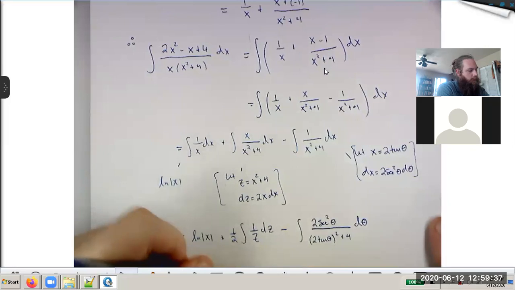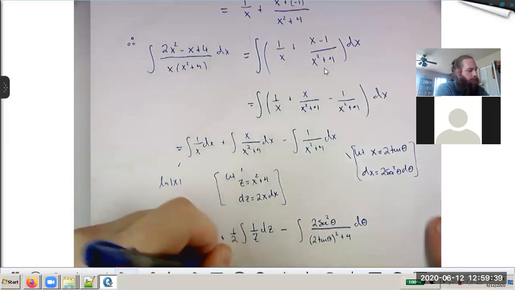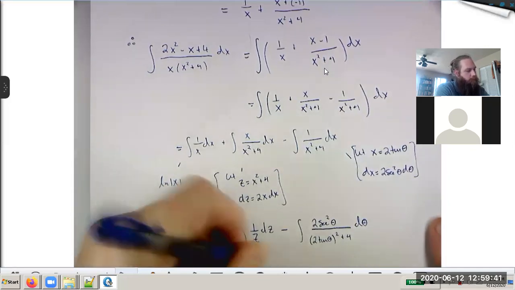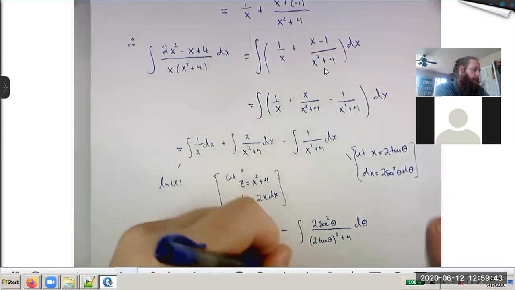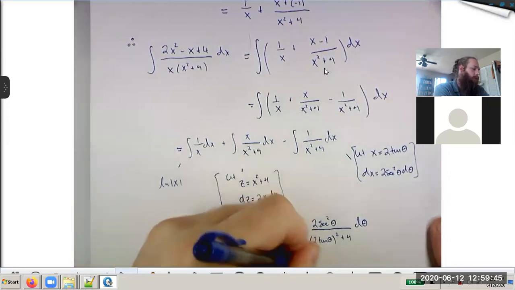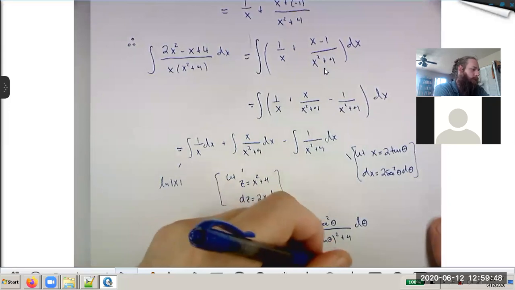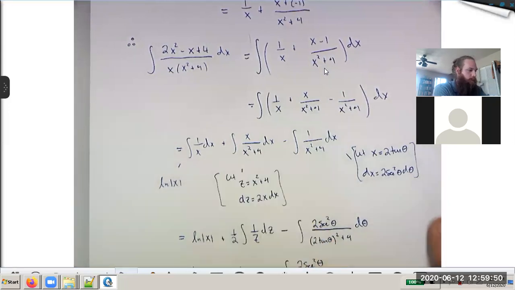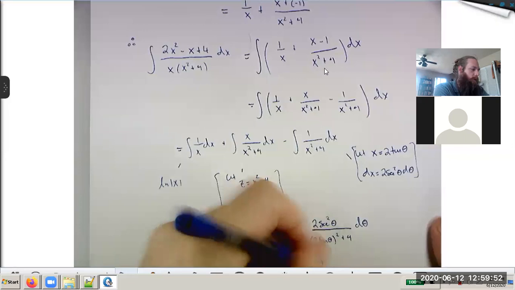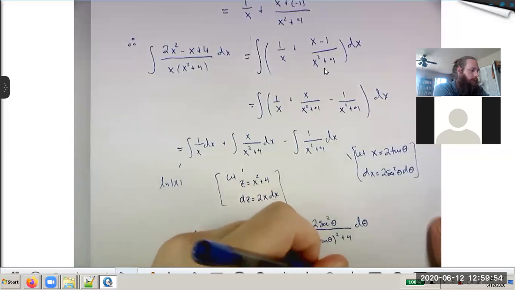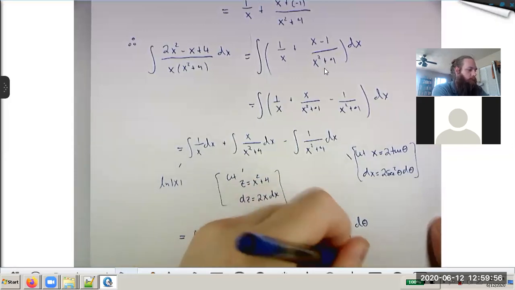So that's the ln of x plus 1/2 ln of z minus integral 2 secant squared theta divided by, that denominator is 4 times tan squared theta plus 1 when you factor the 4.